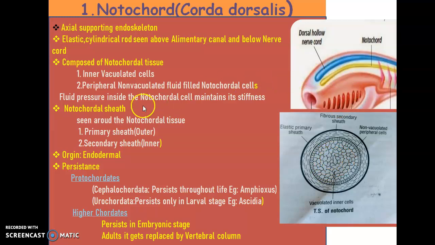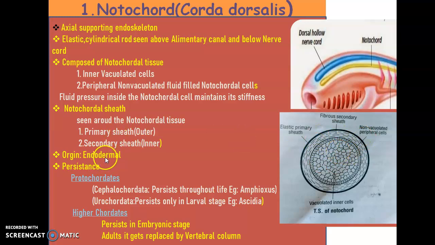Then comes the notochordal sheath. Just above this notochordal tissue you can see the protective covering that is called the notochordal sheath. This region is also divisible into two distinct regions, an outer primary sheath which is elastic in nature, and an inner secondary sheath which is somewhat fibrous in nature. So that's all about the histology of notochord.